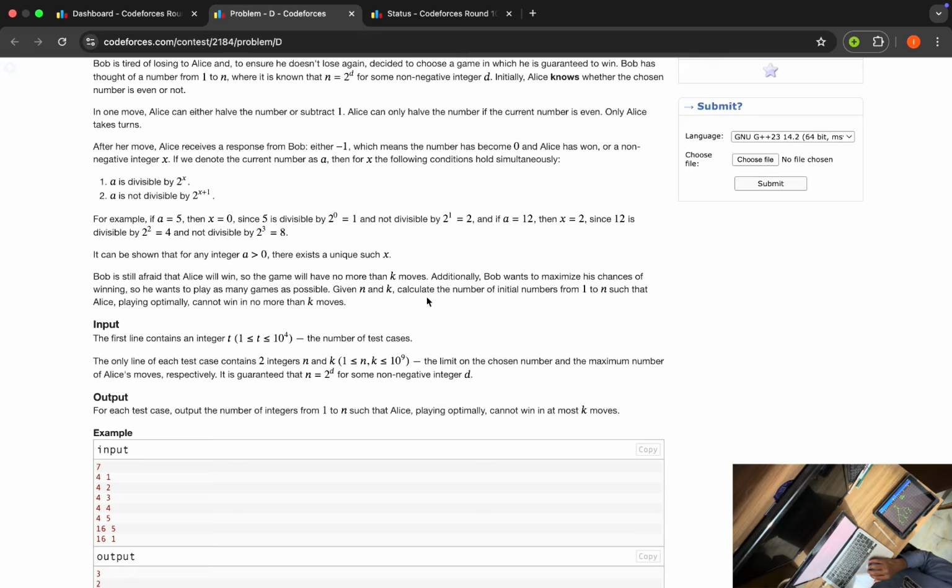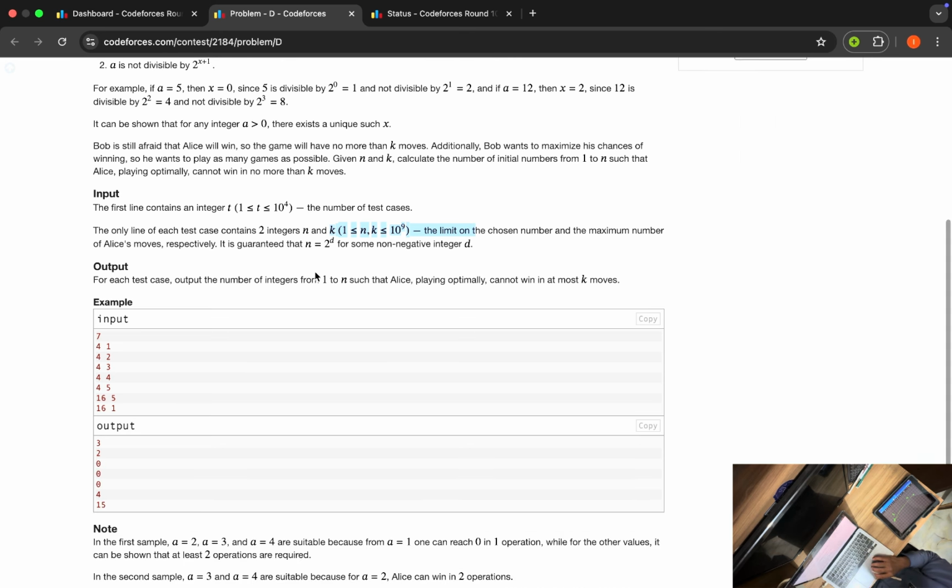Given n and k, calculate the number of initial numbers from 1 to n such that Alice, playing optimally, cannot win. Okay, so we need the count of such numbers between 1 and n. It's again up to 10 to the power 9.